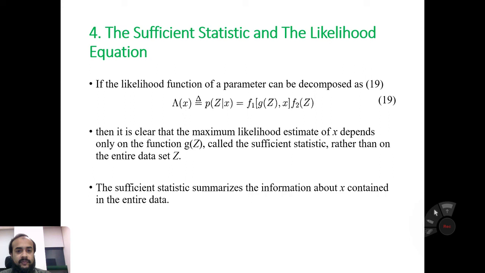We use just g of z instead of the entire data. The sufficient statistic summarizes the information about x contained in the entire data.